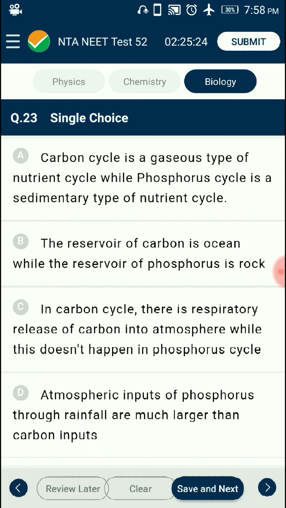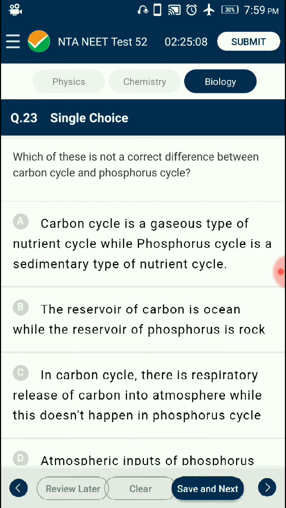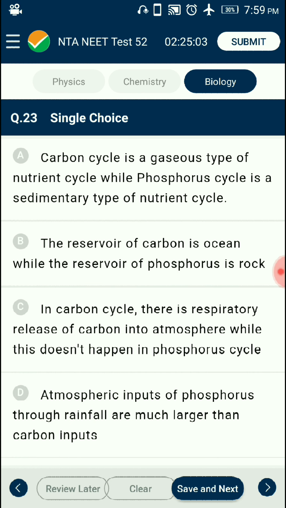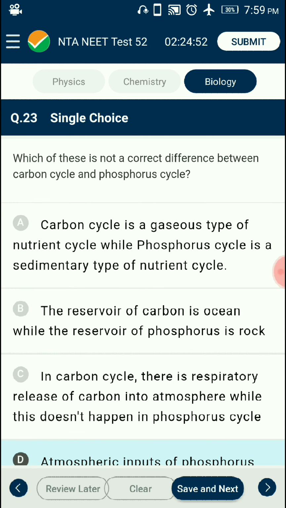The natural reservoir of phosphorus is rock, which contains phosphorus in the form of phosphates. Unlike the carbon cycle, there is no respiratory release of phosphorus into the atmosphere. Atmospheric inputs of phosphorus through rainfall are much smaller than carbon inputs. So the answer for this question is option D. The statement that atmospheric input of phosphorus through rainfall is much larger than carbon inputs is the incorrect one, not a correct difference between the carbon cycle and the phosphorus cycle.